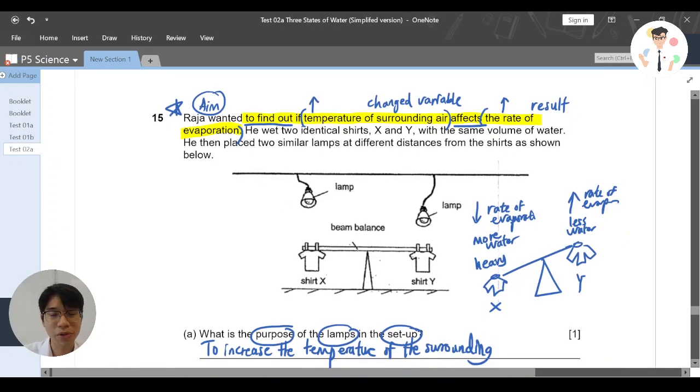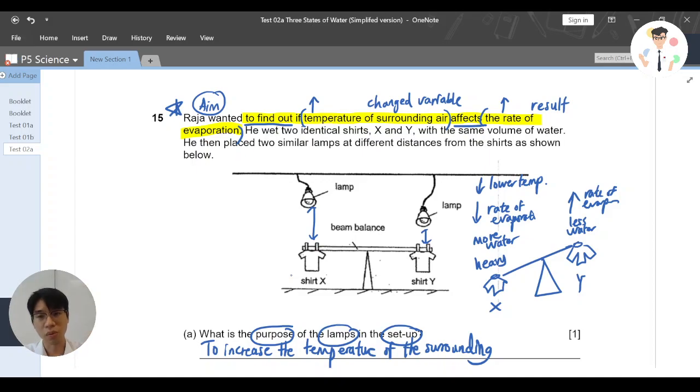Because the temperature will be lower. Why lower? Because it's further, you can see. This one is nearer, that's why it's more hot. It gains more heat and evaporates faster. X is further, that's why the temperature is lower and the rate of evaporation is lower.